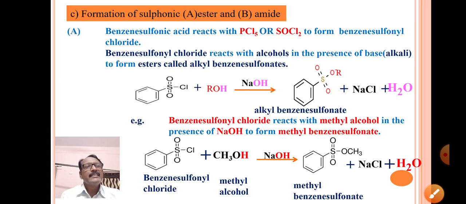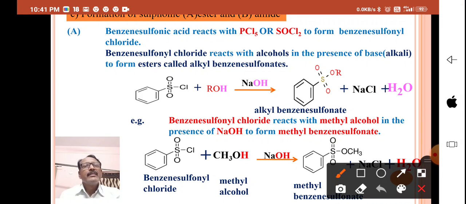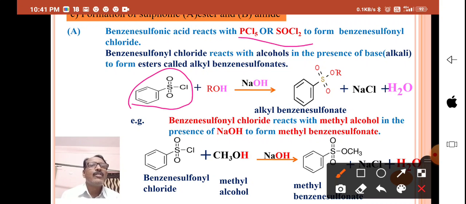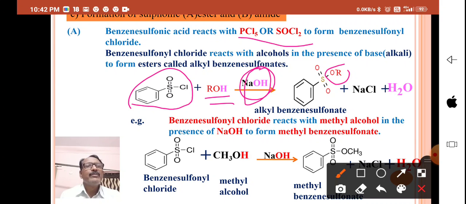See here, in this reaction there is formation of benzene sulfonyl chloride when it reacts with SOCl2 or PCl5, and that benzene sulfonyl chloride reacts with alcohol in the presence of alkali, that is NaOH, and there is formation of benzene alkyl. Here is the alkyl group, therefore it is called alkyl benzene sulfonate.